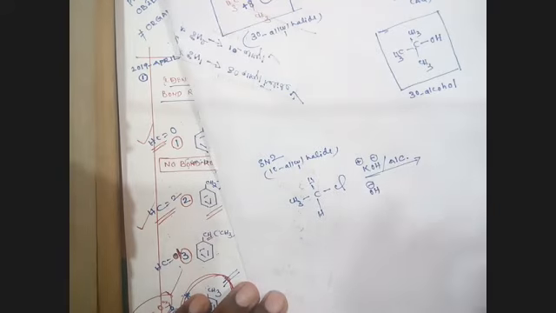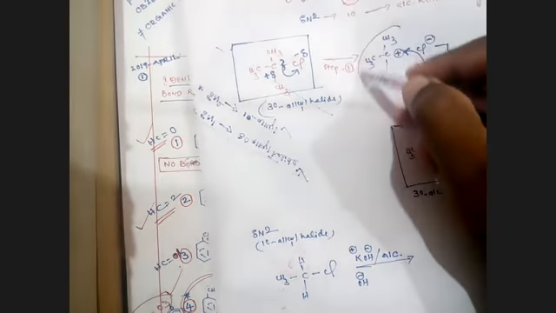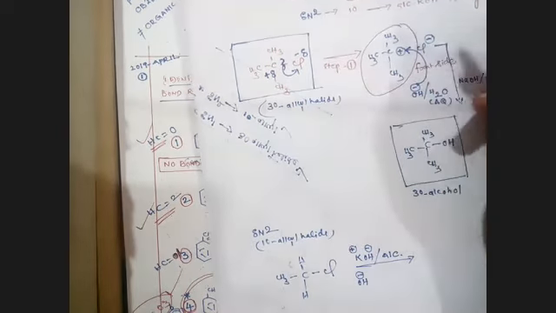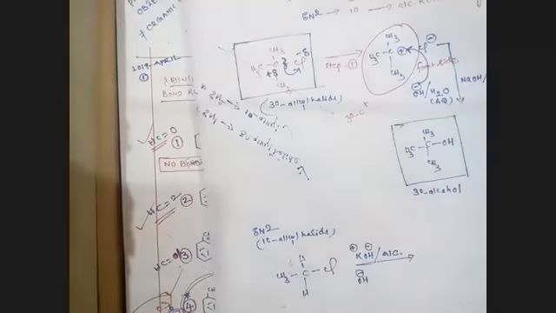Now, in the previous SN1 reaction, Cl leaves as Cl minus and it gives rise to a carbocation. This carbocation is the intermediate, and a tertiary carbocation is a more stable intermediate.